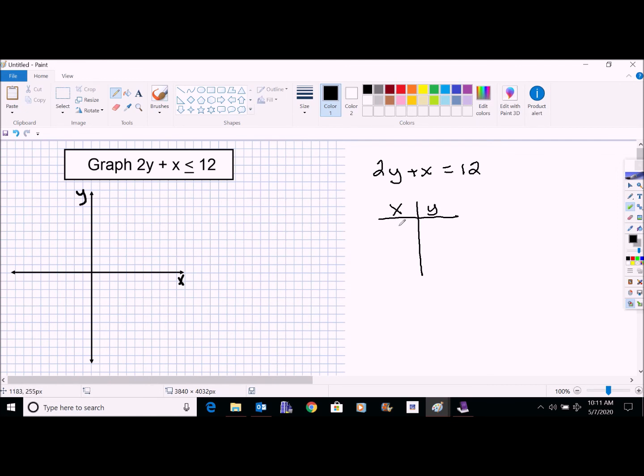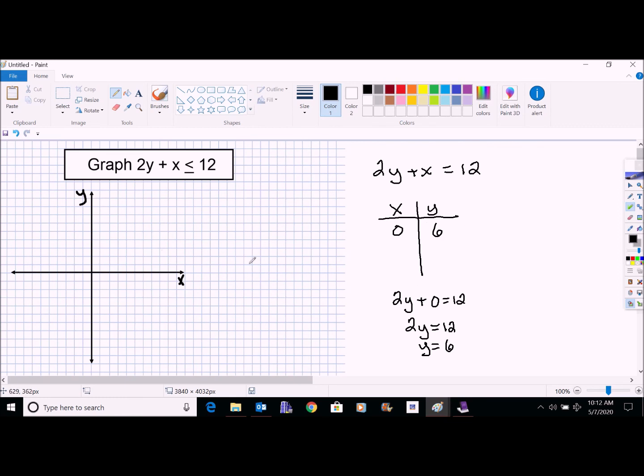If I take x equals 0, 2y plus 0 equals 12, and I want to solve this. 2y equals 12, so y equals 6. So one of my ordered pairs is (0, 6): 1, 2, 3, 4, 5, 6.